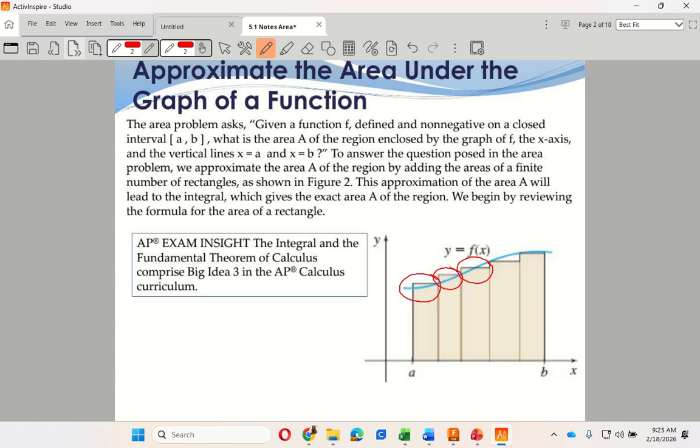Because it's connecting right there in the middle, so it could be close. What about this one here? That one is clearly under, and this one is under. So I can tell by looking at it if it's going to be an overestimation or underestimation. Is it always an overestimation based on concavity? No, it depends on which type of function or what type of area I'm asking for.